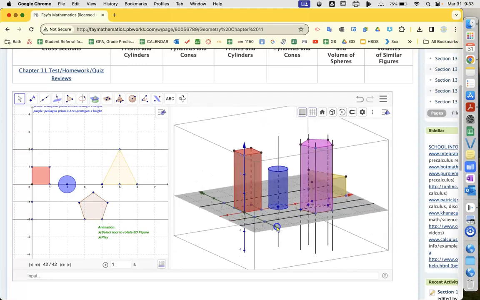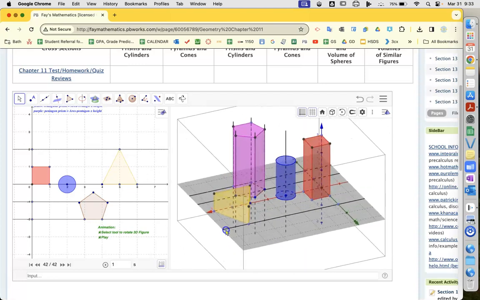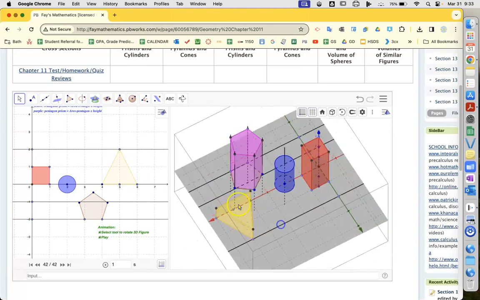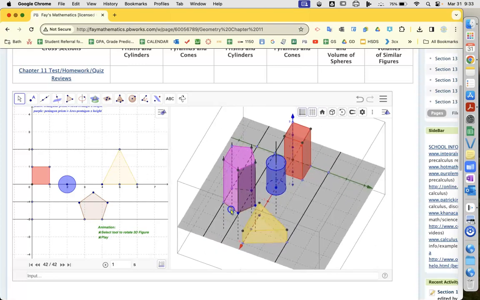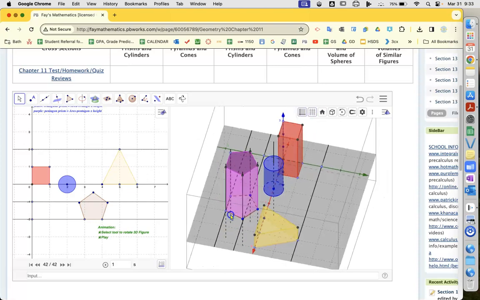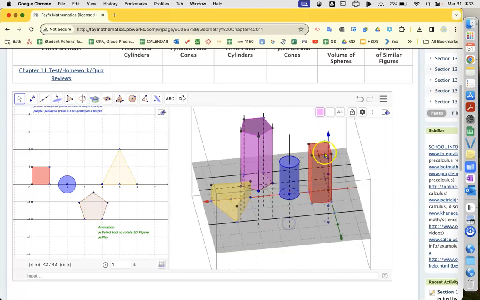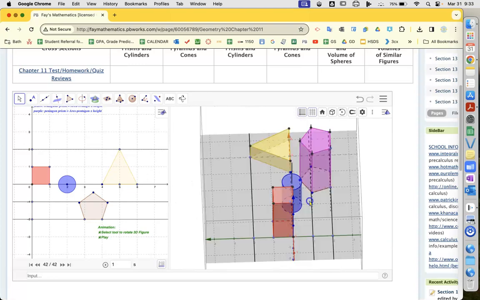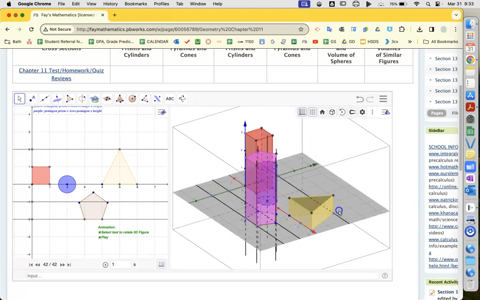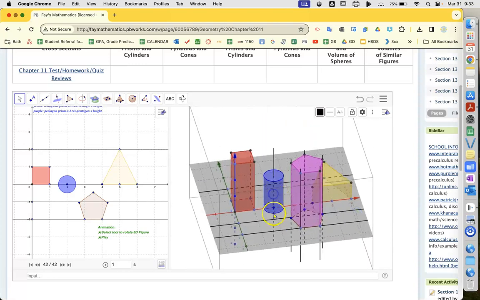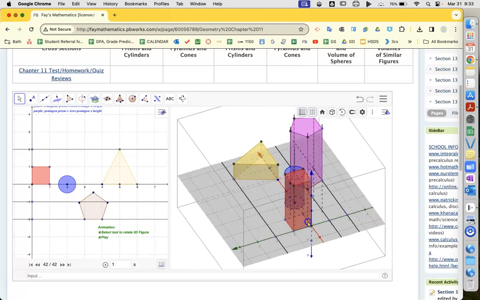In this case, we call this a prism. This would actually be a pentagonal prism. This red one is a rectangular prism. This yellow one, which looks like cheese, is a triangular prism. And the blue one would be a cylinder.